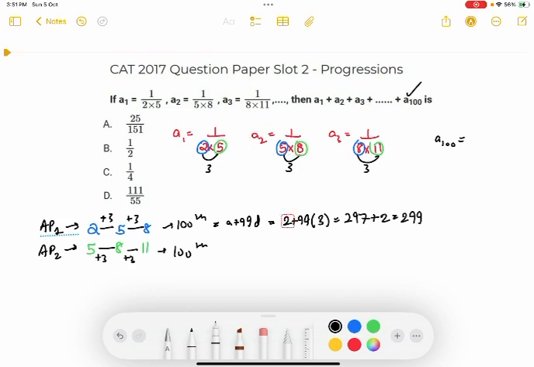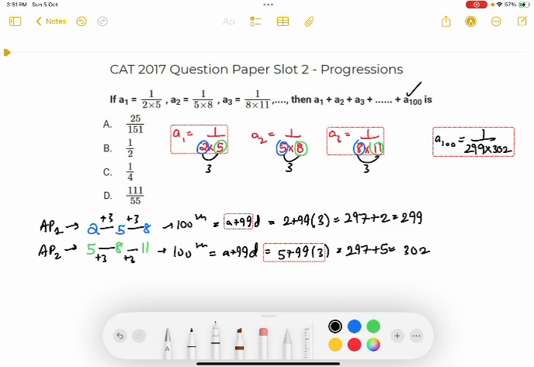So the 100th term of this AP is 299. Over here again, a plus 99d is 5 plus 99 into 3, that is 297 plus 5, so that would be 302. So we get the a100 term as 1 upon 299 into 302.